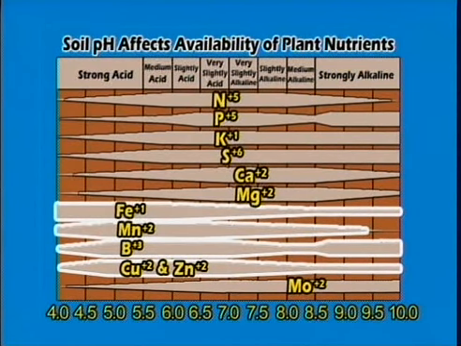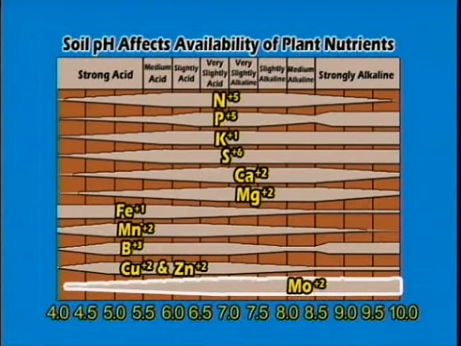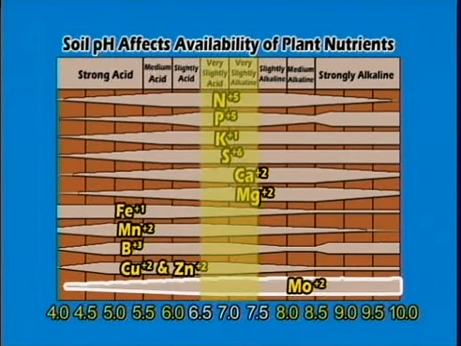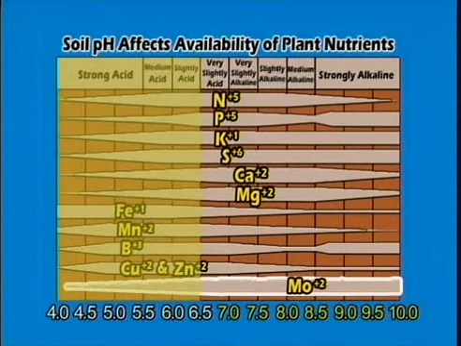And the one exception on the micros, at least the ones listed on this chart, is molybdenum. Molybdenum is quite soluble and therefore available around the neutral range, 6.5 to 7.5, but actually shows a sustainable solubility and availability as the pH goes up, whereas if we progress downscale, it's just the opposite of these other micronutrients listed above, in that its solubility and therefore availability becomes restricted as we get into the acidic soil pH range.